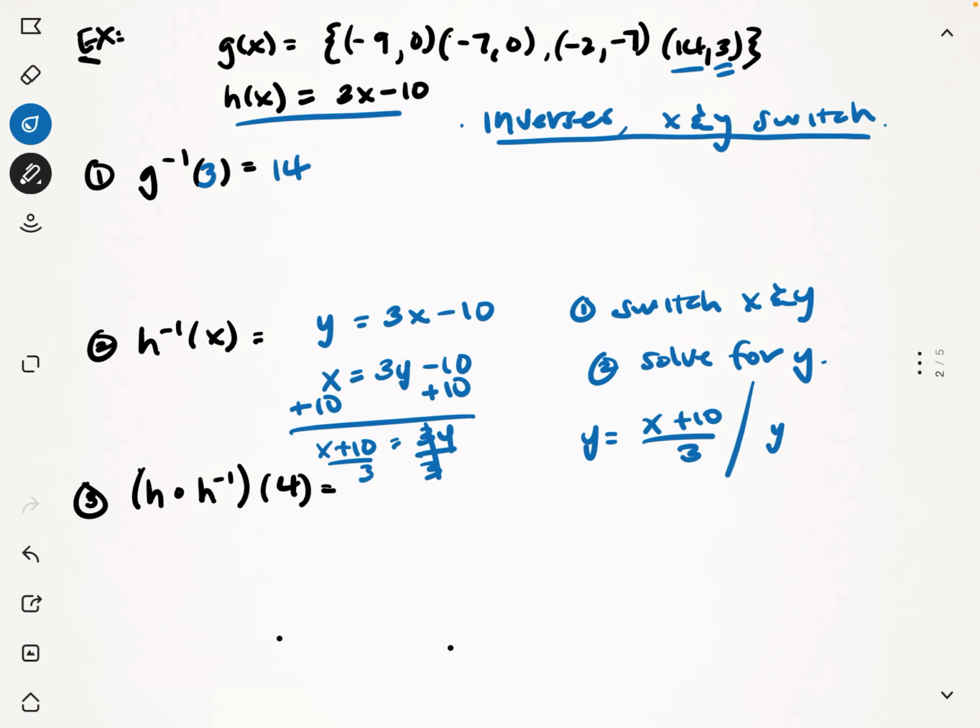You can say that y equals x divided by 3 plus 10 divided by 3. Either way it should work, but sometimes Alex is funky like that. Again, just make sure you switch your x and y first, then you solve for your y, and that will be your answer.